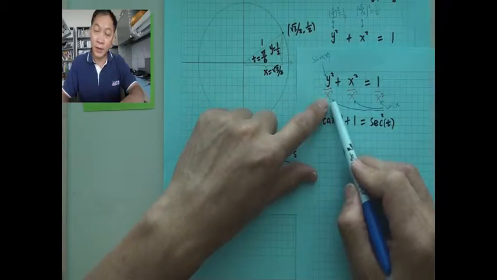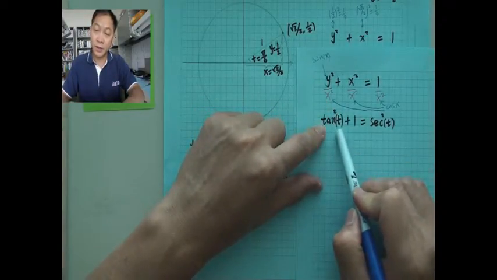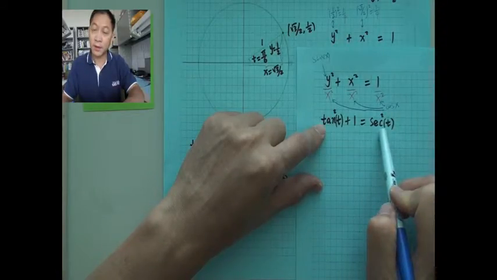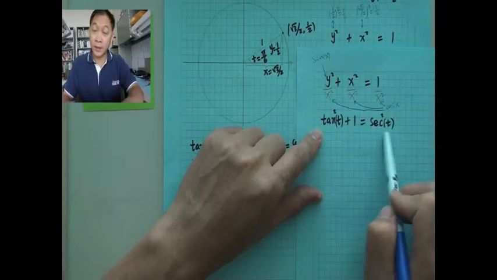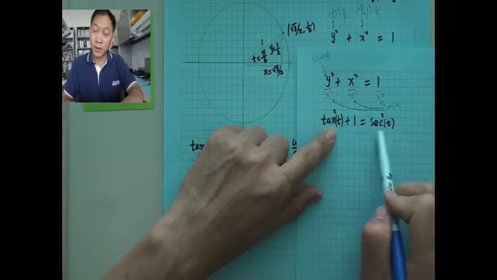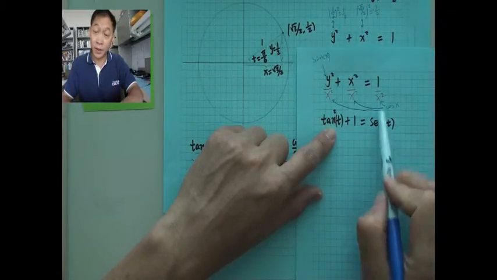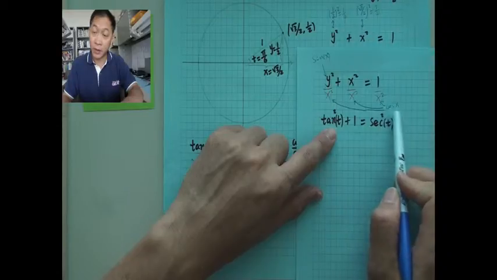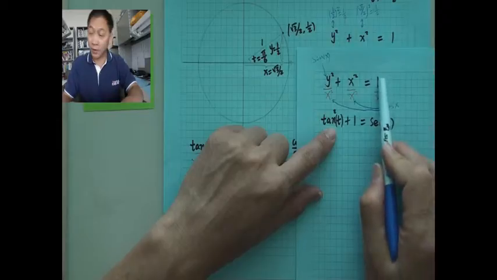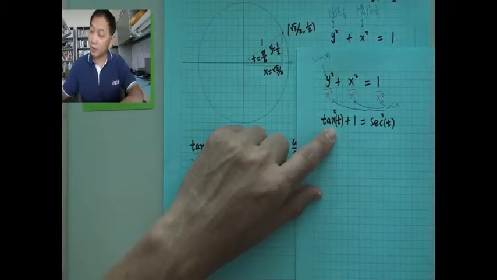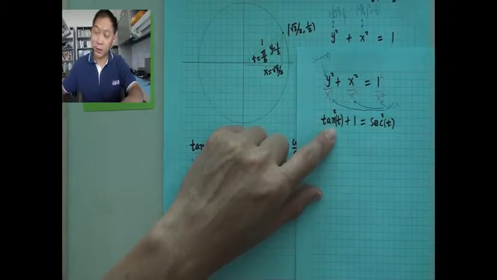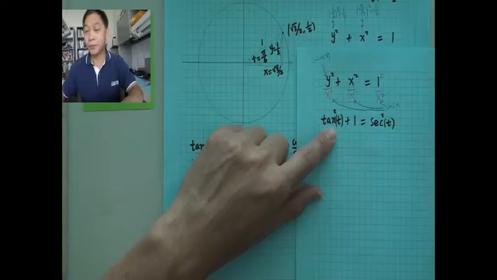Sine over cosine is tangent, and 1 over cosine is secant. Then you get the identity that 1 plus tangent t squared is secant t squared. You may think, here 1 divided by cosine squared, how can you get a square on the 1? But 1 is actually 1 squared. So there is no problem about that.